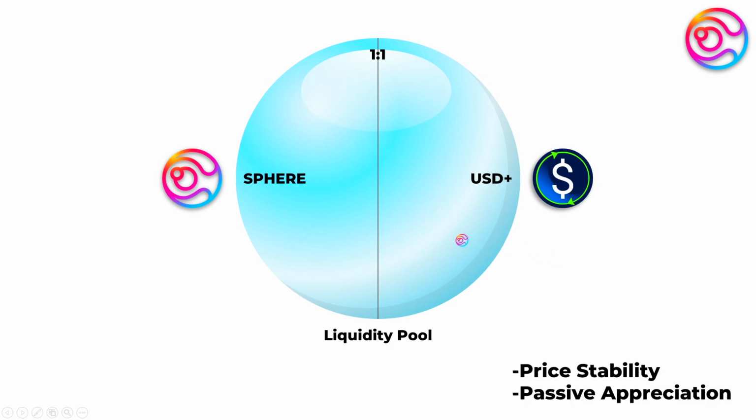Now that Sphere is paired with USD+, not only will the price of Sphere be more stable, but also every single day the price of Sphere will passively appreciate as the amount of USD Plus in the liquidity pool increases thanks to the daily yield-bearing nature of USD Plus.